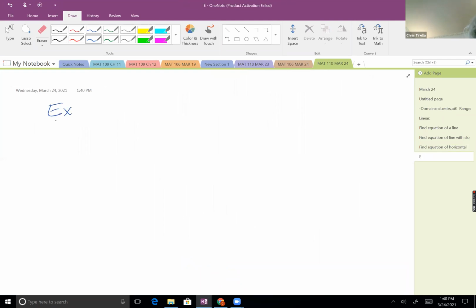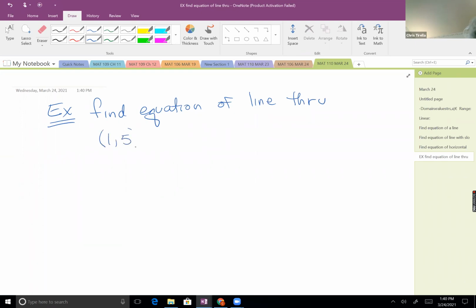Another example. Let's find the equation of the line through, well, let's have it go through 2 points. Let's have it go through (1, 5) and (3, 9).